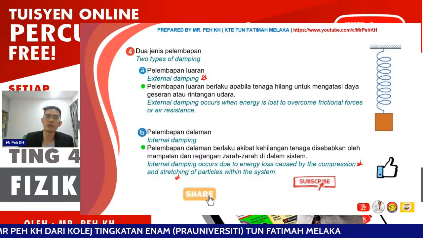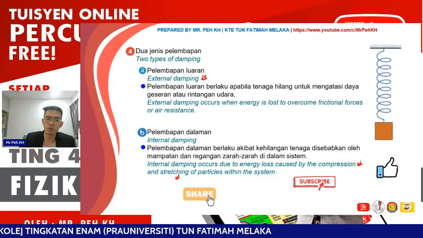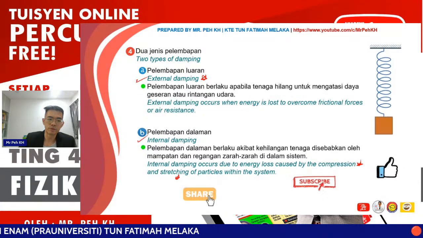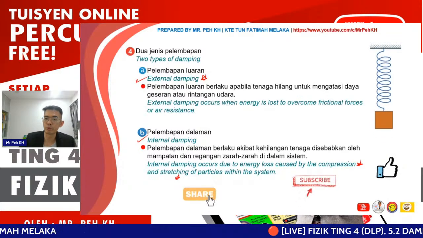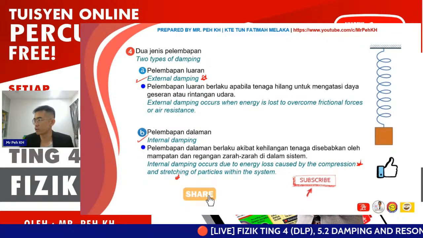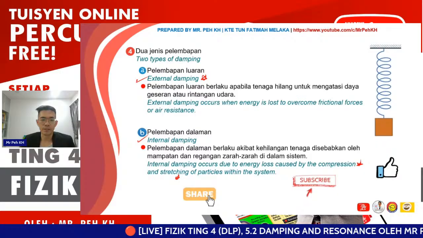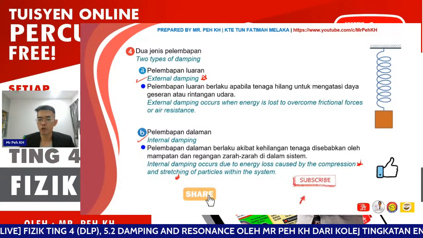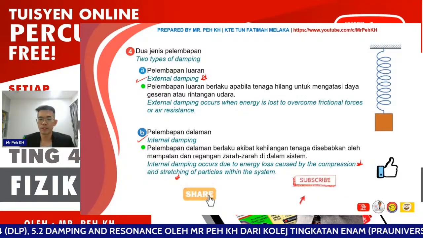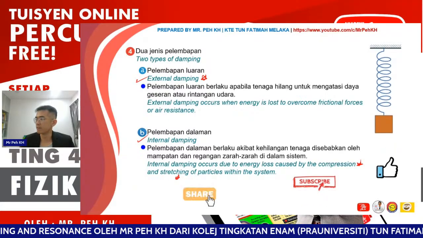That means the damping occurs due to these two reasons: external damping and internal damping. The external damping is due to the energy loss to overcome the friction. Then for the internal damping, there will be energy loss caused by compression and stretching of the particles in the system.